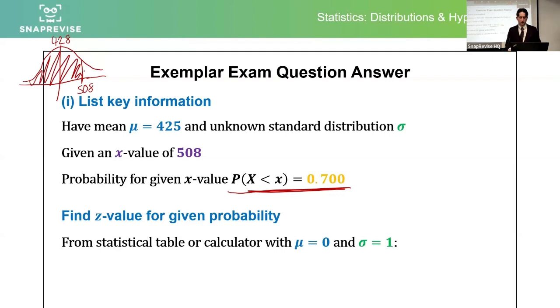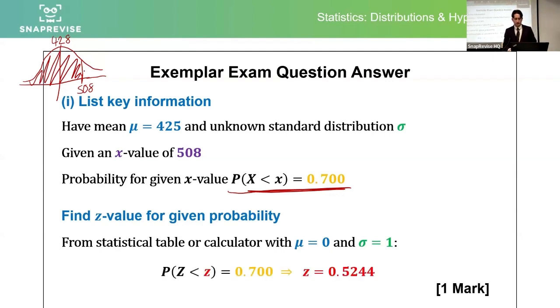So one way we could do this is we could use the standard normal. So we could look up what the 70% value is on the Z tables, on the standard normal. And if the mean is 0, and I want the value that gives me 70% less than it, the Z value is 0.5244. So on the standard normal, that 508 position relates to 0.5244.